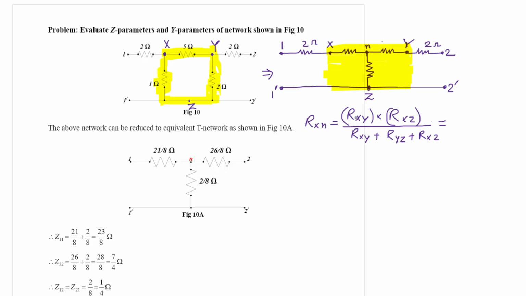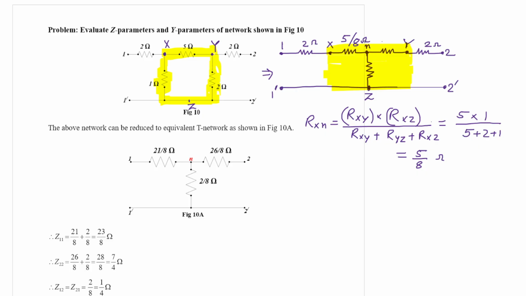So Rxy is how much? 5 ohm. Rxz is how much? Xz is 1 ohm. In the denominator, summation of all these three, that means 5 plus 1 plus, Rxy is 5, Ryz is 2 and Rxz is 1. So it will become 5 by 8 ohm. So Rxn, this resistance is nothing but 5 by 8 ohm.